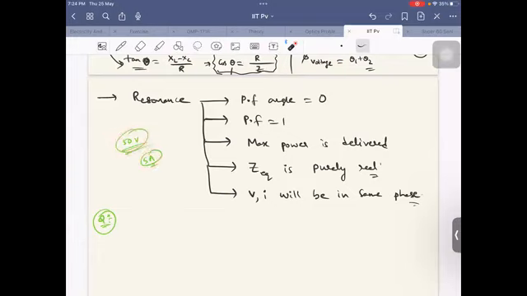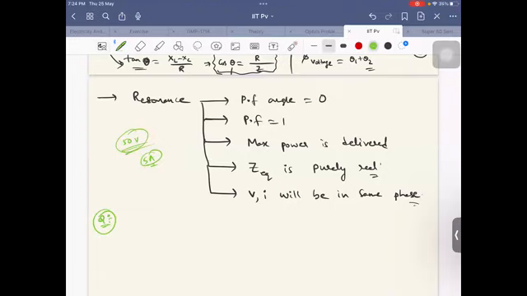Unless they mention peak voltage is 50 volt, peak current is 5 amperes, you need to always ensure that you take these things as RMS only.